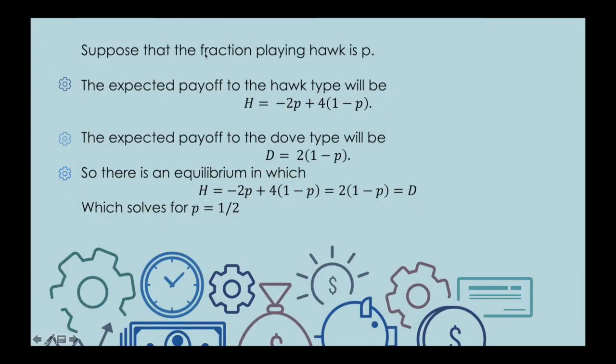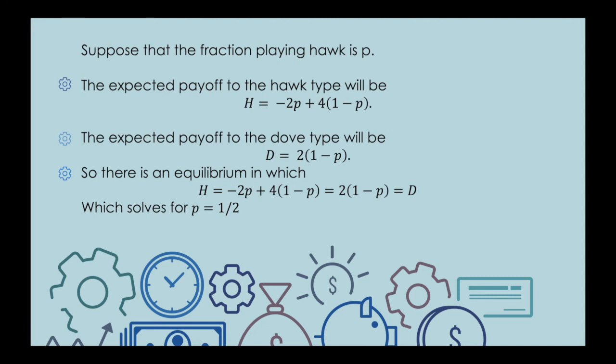Suppose that the fraction playing hawk is, we call it P, right? And then the expected payoff to the hawk type will be, this is the formula, H equals -2P plus 4 times 1 minus P. And then the expected payoff to the dove type will be D equals 2 times 1 minus P. So if H is greater than D, we would see the fraction of hawk types in the population increase.